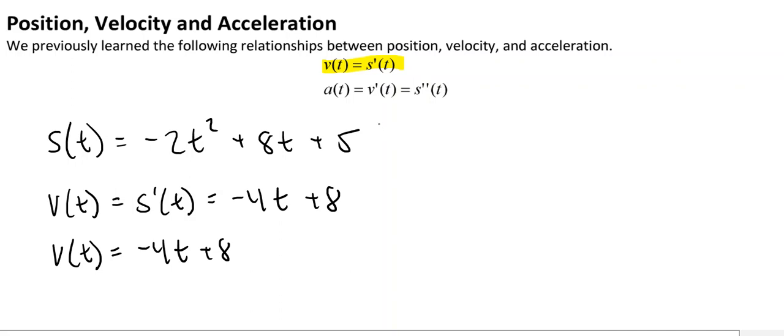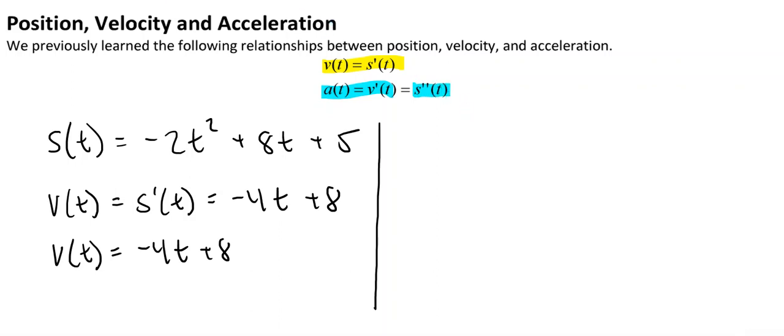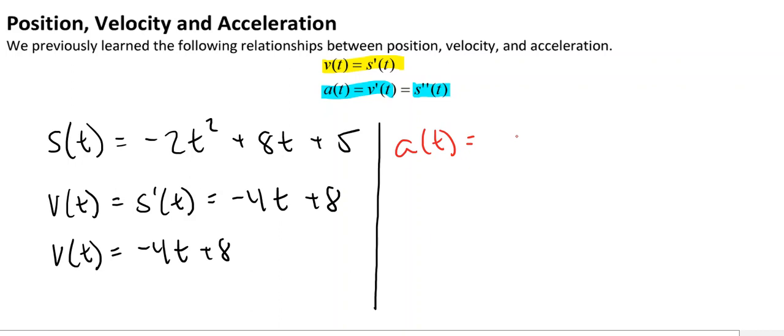The other thing we learned in a previous video is that acceleration is the derivative of velocity, which means it's the second derivative of the position function. So the acceleration function is the derivative of the velocity function, which would be negative 4 in this case.